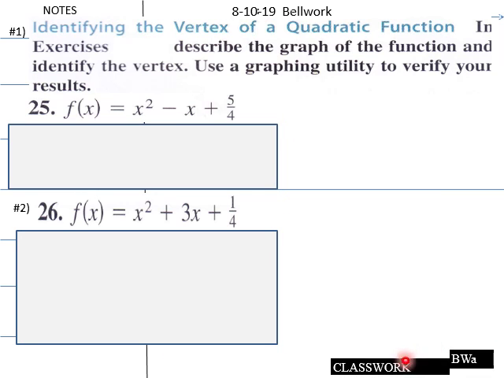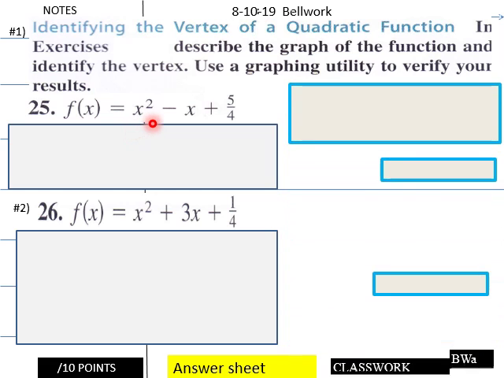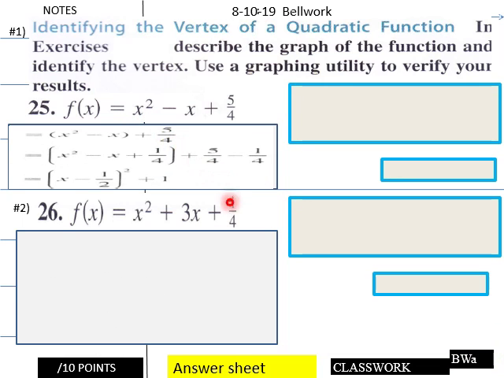Okay, welcome back for our solutions of today's bell work. For 25, we have x squared minus x plus 5 over 4. We're going to complete the square here, so it'll be negative 1 half squared, which would be 1 over 4.